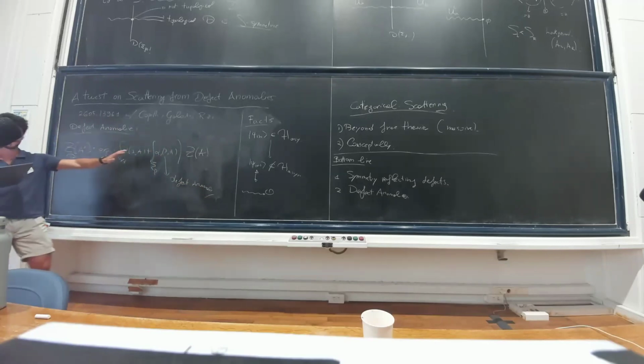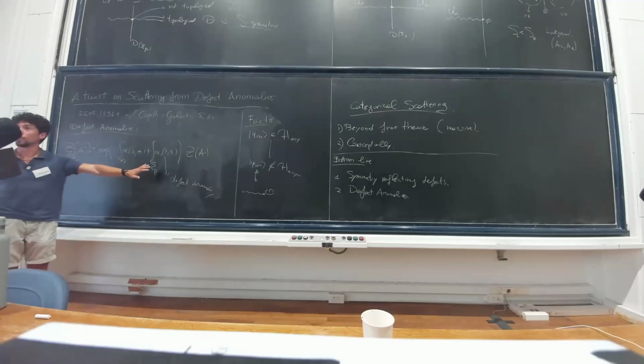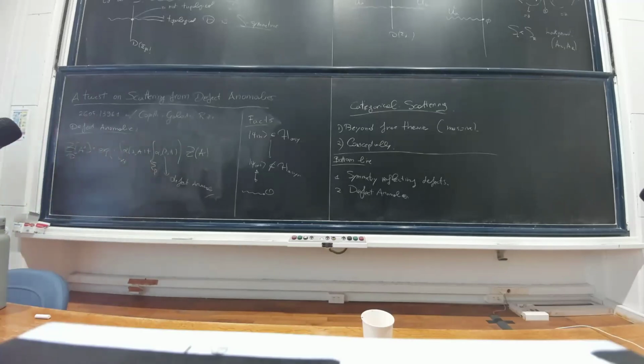It's an anomaly that only arises in the presence of a defect. And as for ordinary anomalies, they can be cancelled by inflow with a bulk that is 1 dimension higher, but now it's 1 dimension higher than the defect. So it will be a p plus 1 dimensional bulk, an invertible theory whose boundary is the defect.